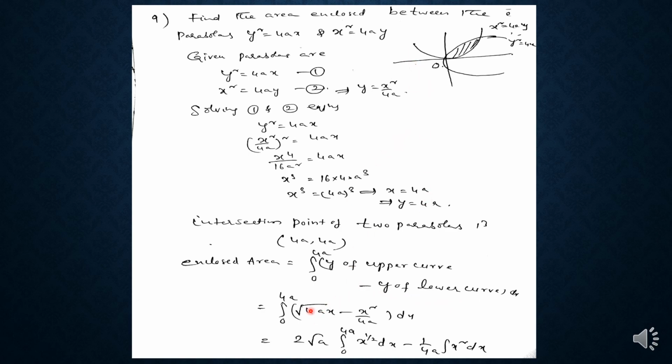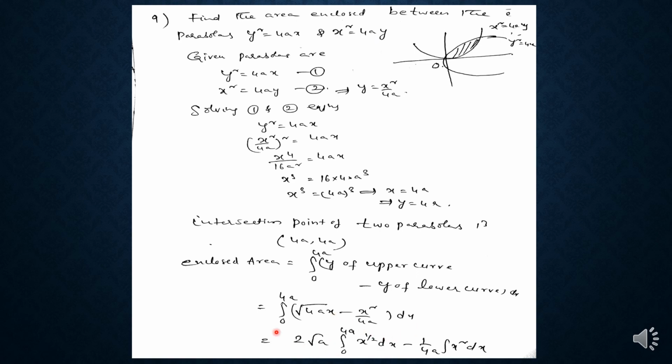That is integral 0 to 4a, y of upper curve. So what is the upper curve here? Y square is equal to 4ax, then y is equal to square root of 4ax, that can be written as root 2a into x to the power of half, minus y of the lower curve. The lower curve is x square is equal to 4ay, so y is equal to x square by 4a, dx.